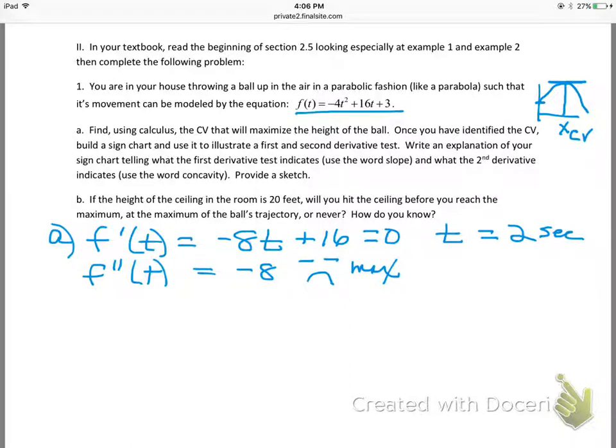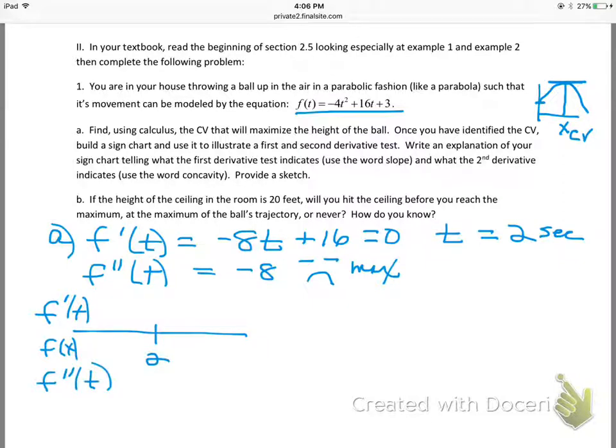So reading part A a little bit further, it says, once you have identified the CV, build a sign chart and use it to illustrate a first and second derivative test. Okay, we could do that. Here's your sign chart. You put 2 here. This is your slope. This is your function. This is your second derivative.